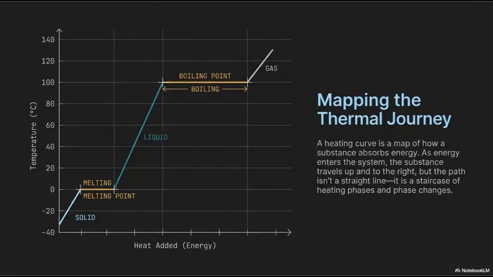So if I give you a liquid that is not water and you're dealing with a heating curve, you need to know what the melting point and the boiling point are in order for you to construct this graph. As you are going up, because we are plotting heat versus temperature, as you're adding heat, the temperature is going up.